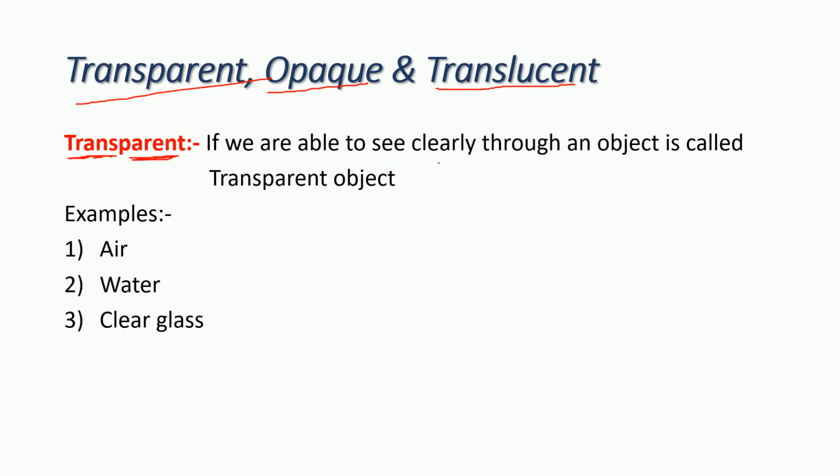If we are able to see clearly through an object, let us take one cover, from the cover we can see the other side easily. Such things are called transparent bodies. Examples of transparent bodies are air, water and clear glass.